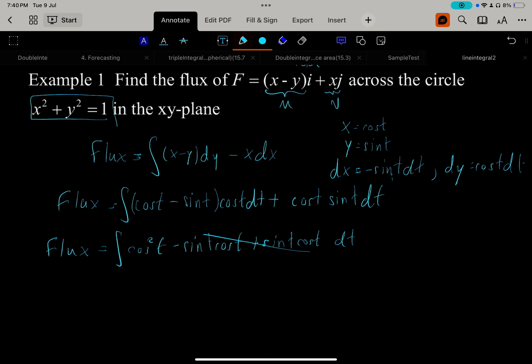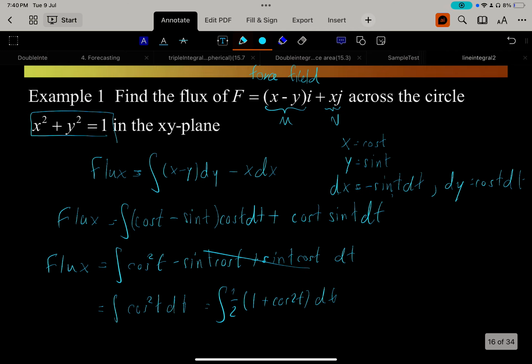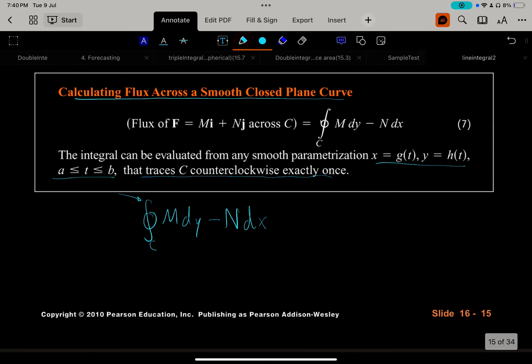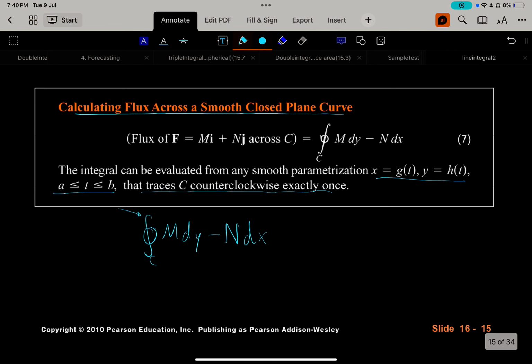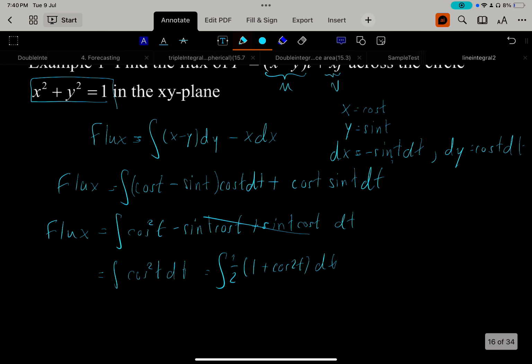We'll be left with cosine squared of t dt, which is the integral of 1/2 times (1 plus cosine 2t). This is very easy to integrate. Of course, the limits are over the closed curve, so from 0 to 2 pi.